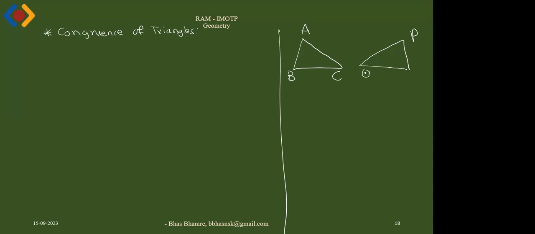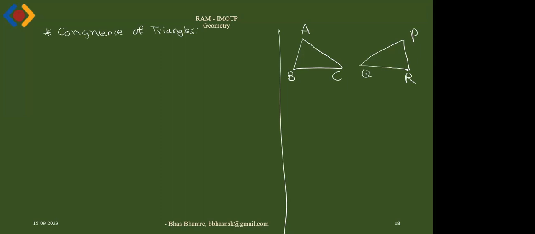When we say congruence, we mean exact overlapping, superimposing. For example, here is my scratch work. If I have a triangle and another triangle here, suppose this is triangle ABC and this is triangle PQR. I drew these triangles with a little care so that they are exactly the same looking, but the orientations are different.